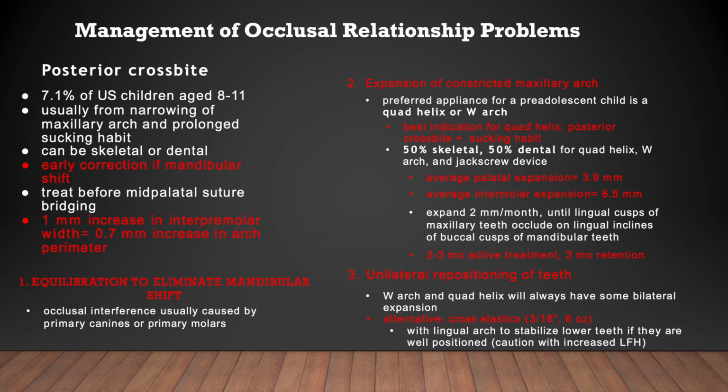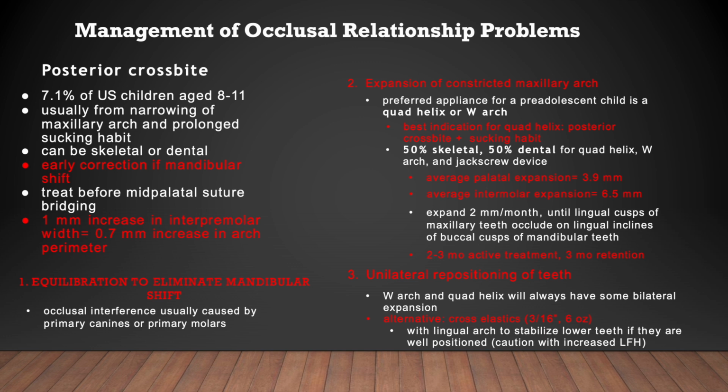Since it's placed up high on the palate, the patient can no longer place their thumb in the palate and suck on it. So you achieve about 50% skeletal and 50% dental expansion with a quad helix, a W arch, or a jack screw device.